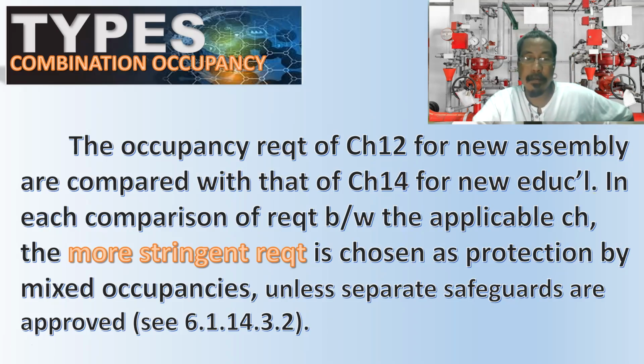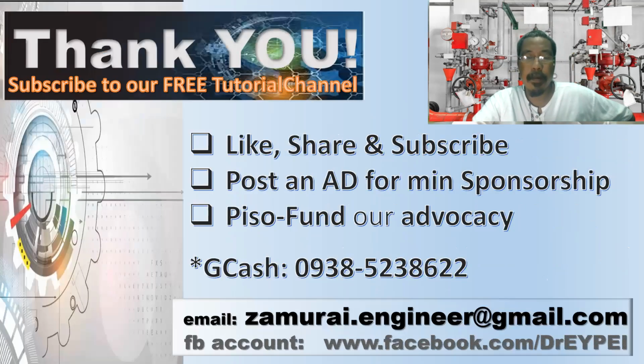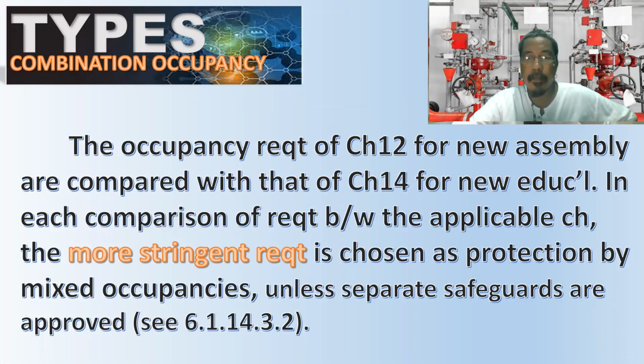Okay, so let us continue. We did not get the actual values, but the more stringent requirement is chosen depending upon new assembly and new educational.